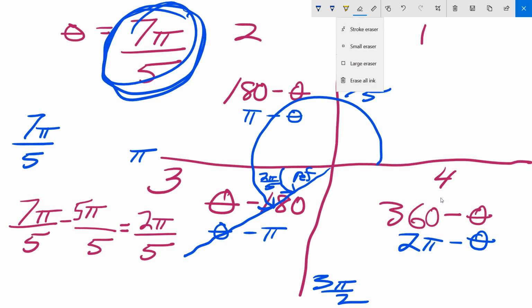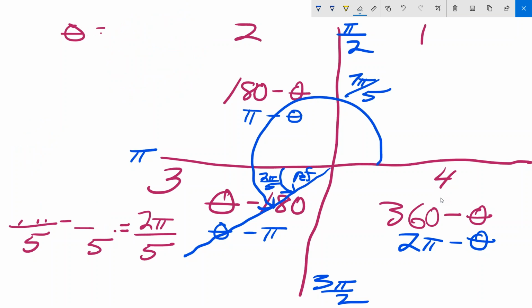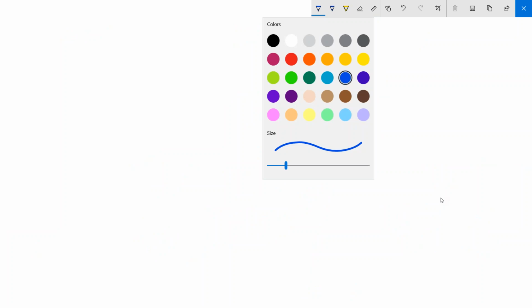I'm going to leave my unit circle up there. I got a feeling you got a similar problem coming up, just a different angle. Okay, let me erase everything. Go ahead. Seven pi over 10?